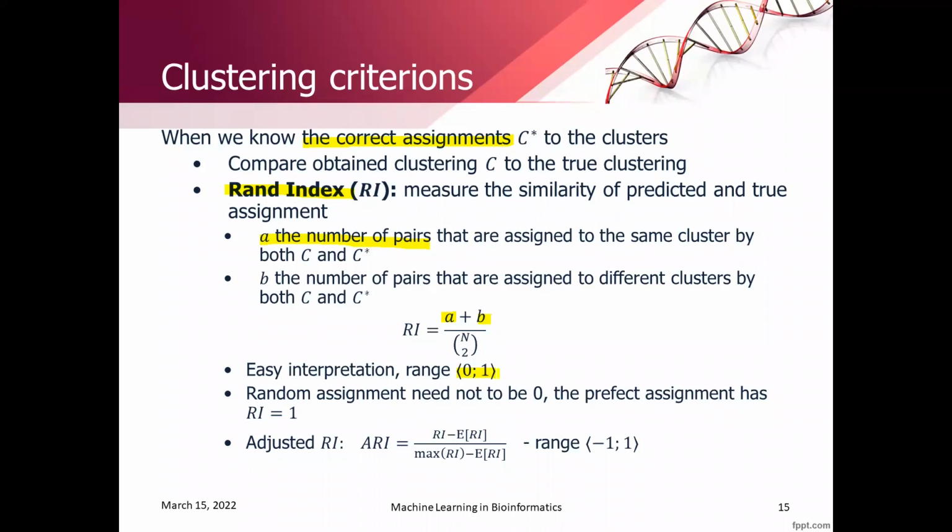And one would expect a low value of rand index. What does it mean if the value of rand index is small? So this means that there are only a few pairs that were predicted to belong to the same cluster and really they belong to the same cluster, or predicted to belong to different clusters and really they should belong to different clusters.